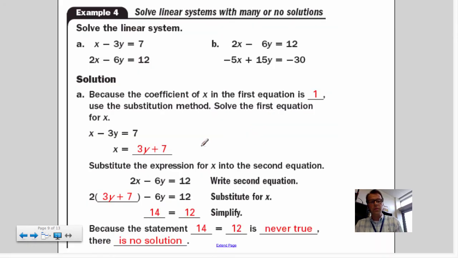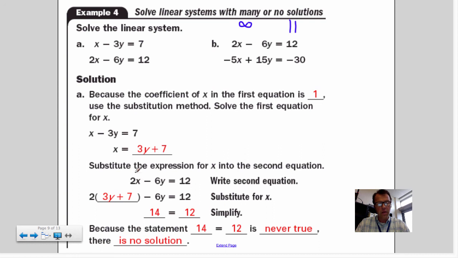So here's an example, and it's a good one, where you're solving a linear system that has either many solutions, or what we said today in class, infinite solutions, or no solutions. And again, no solutions would be two parallel lines. Infinite solution ends up being the same line. So here are the two examples. Example A, two different equations given to you. When you go to solve, what ends up happening is the book here is using the substitution method.